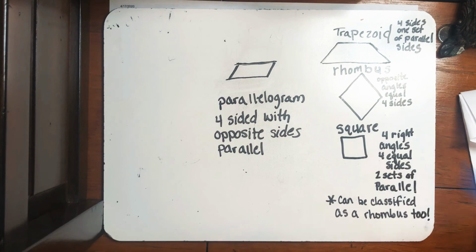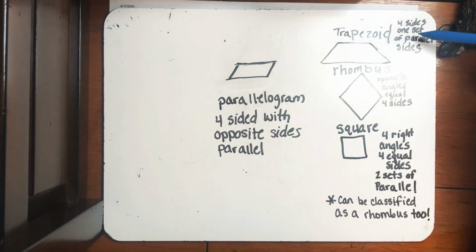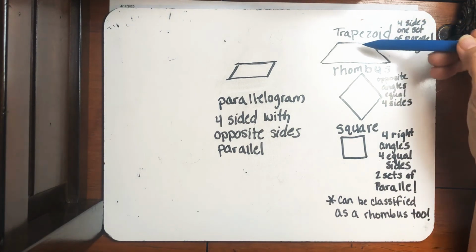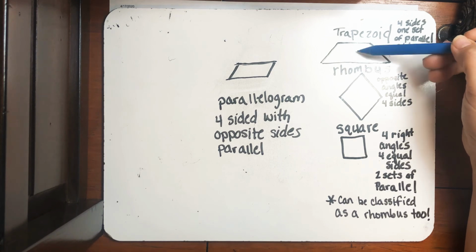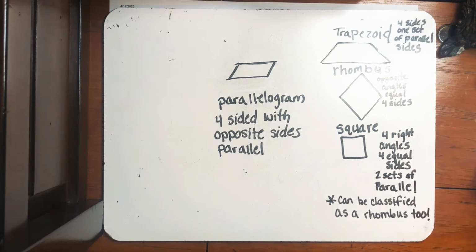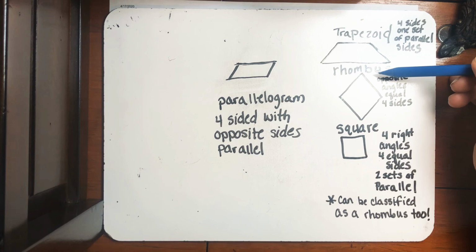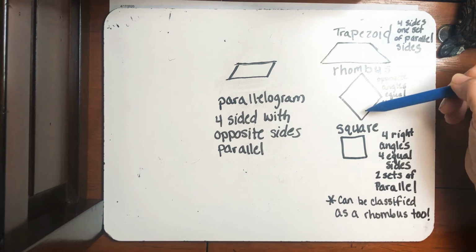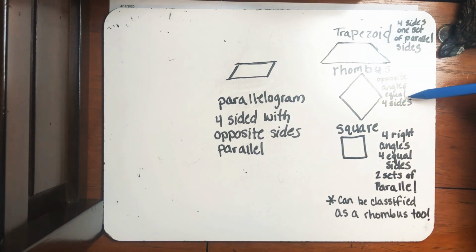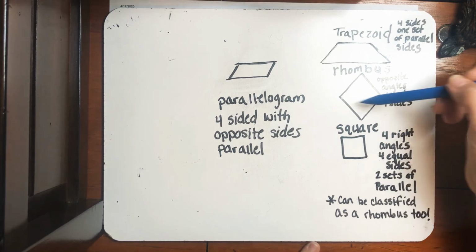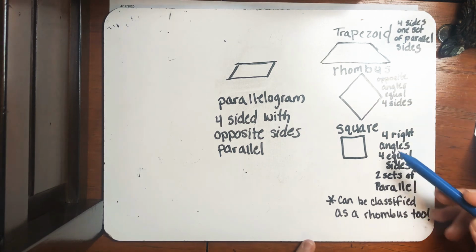So a trapezoid has 4 sides and one set of parallel sides. Remember the one we did earlier? Those two would be considered parallel. A rhombus is where the opposite angles are equal and it has 4 sides. The 4 sides don't have to be the same size. The opposite angles have to be equal.